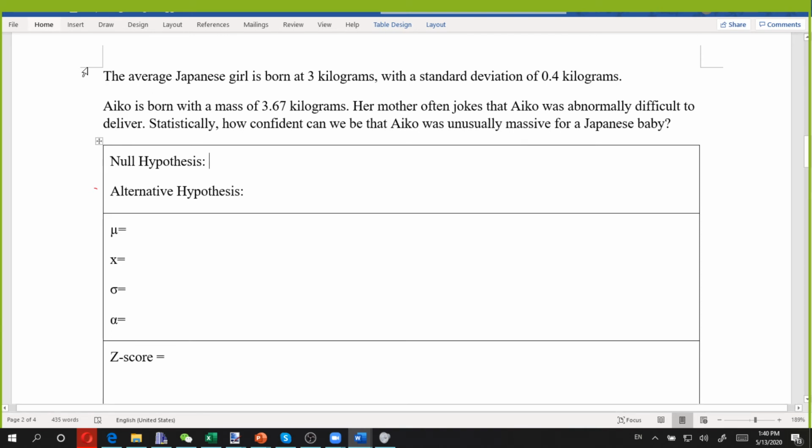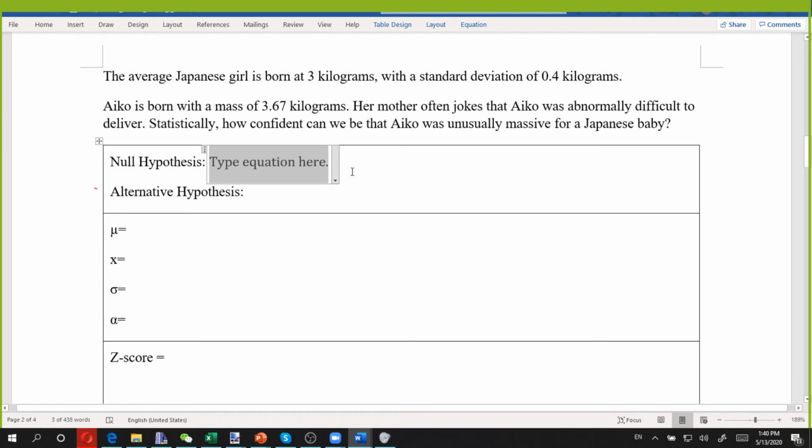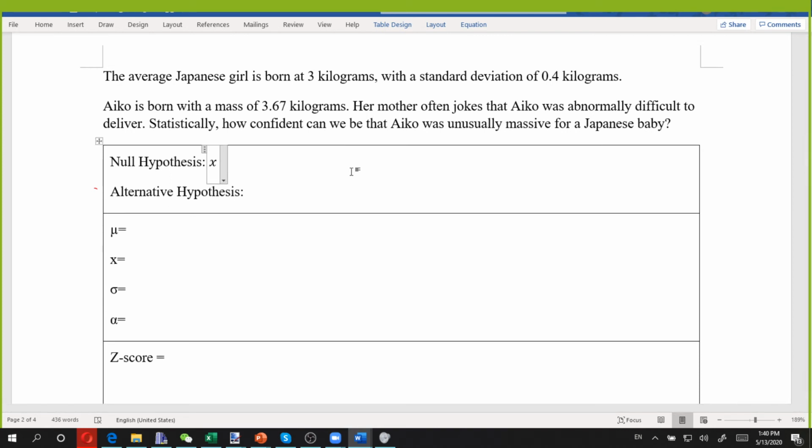It's the hypothesis less than. Okay, our sample should be less than or equal to what? The standard deviation.